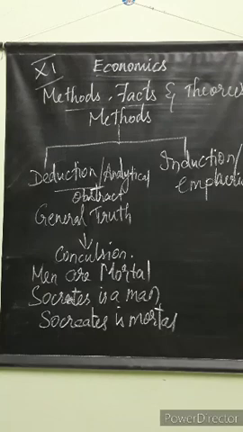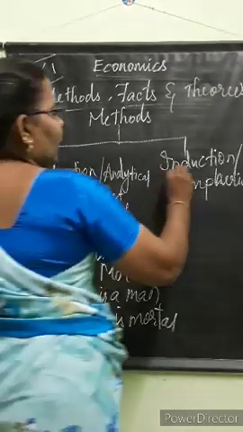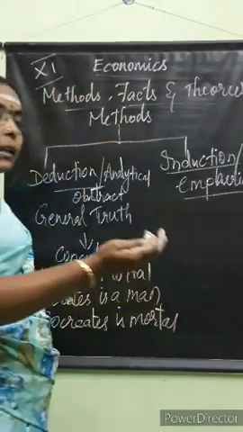For this they have to collect the data on certain economic phenomena, which are systematically arranged and the general conclusions are drawn from them. By observing the data, conclusions are easily drawn. Generalization of data and hypothesis formulation. Verification of hypothesis. If you want to do the induction or empirical method, we can use the data.